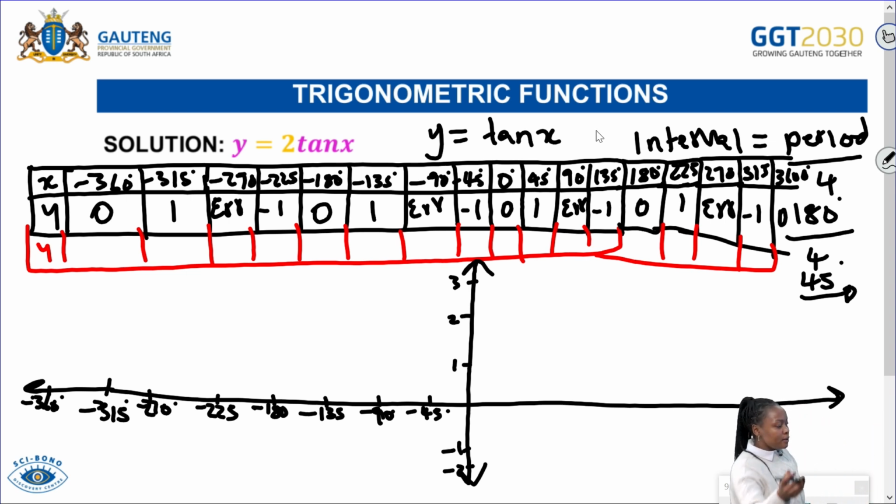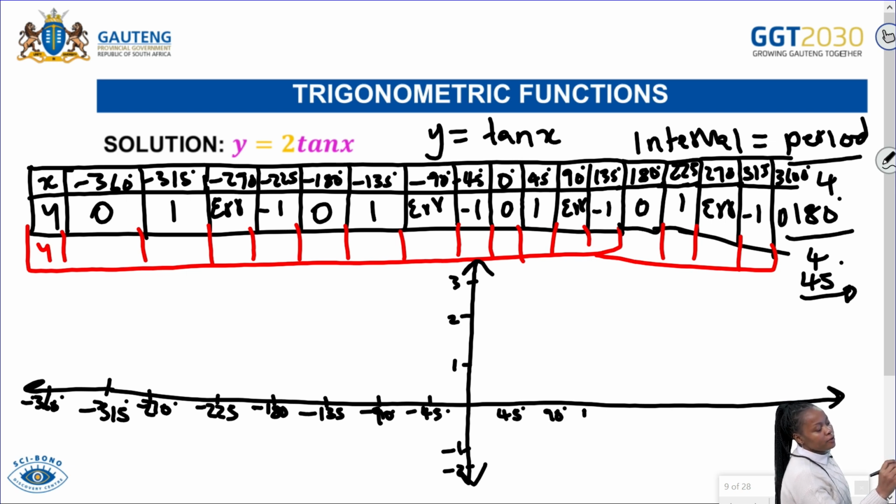Okay, and then let's put the values of x on the positive x-axis. I'll have positive 45, I'll have 90 degrees, I'll have 135, I'll have 180, I'll have 225, I'll have 270, I'll have 315, then lastly I'll have 360.